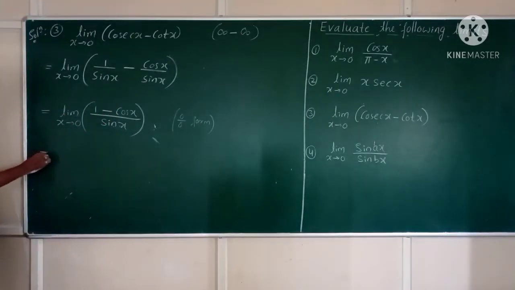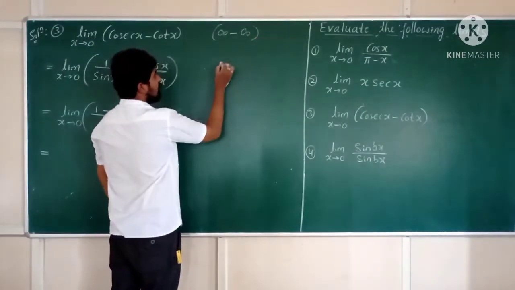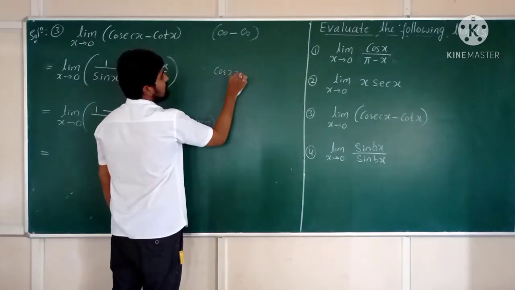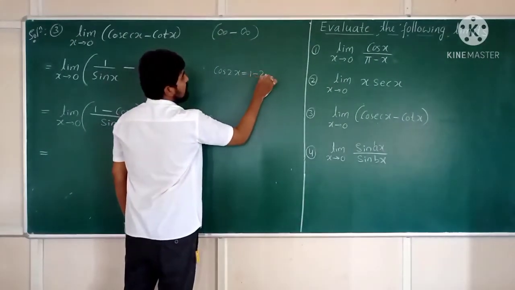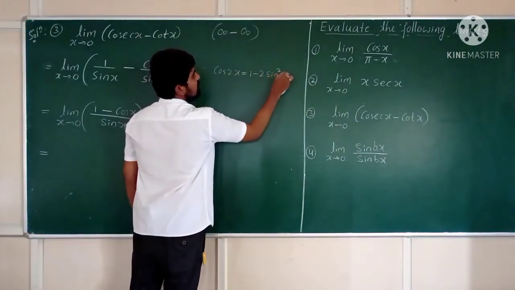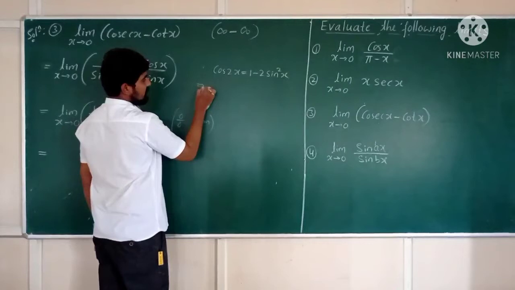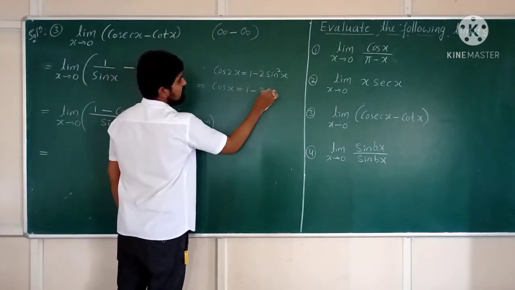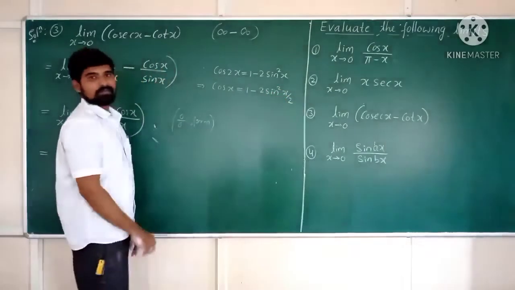So for that, we know the formula. The formula for cos 2x is 1 minus 2 sin square x, which implies that the half angle formula cos x is equal to 1 minus 2 sin square x by 2.